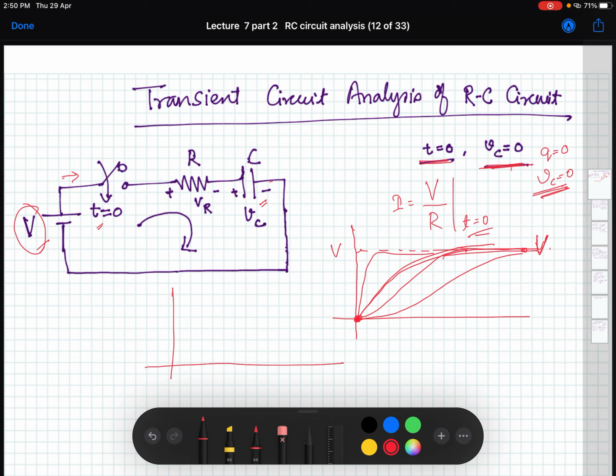Current I. We know how much it should be at time t equal to 0. At time t equal to 0, as I told you, the capacitor would be a short circuit. So the current here should be equal to V by R at t equal to 0.